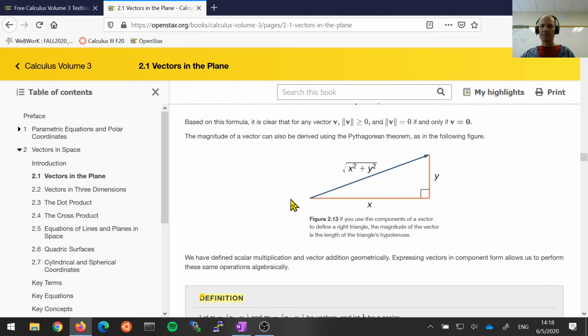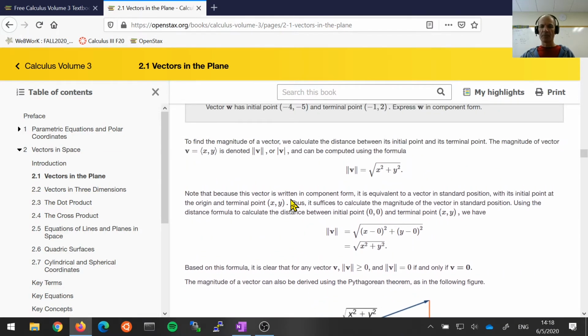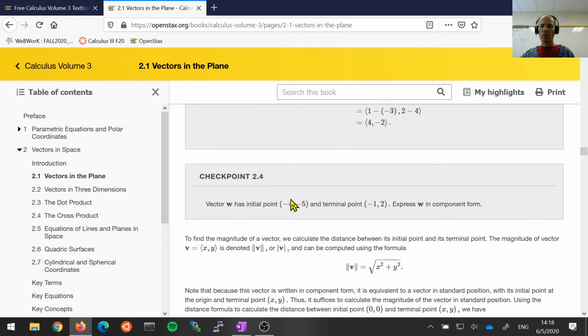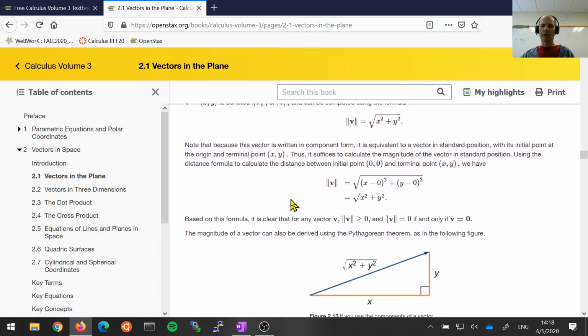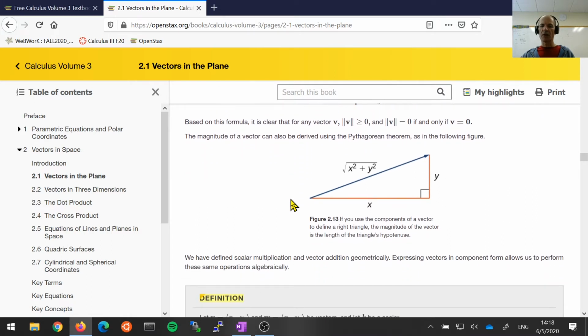All right, magnitude of a vector. So we can do addition. We can also figure out the magnitude of a vector by taking the vector, building a right triangle, and using the Pythagorean theorem. The magnitude, after all, is just the length.